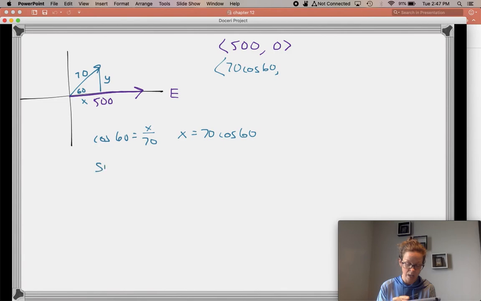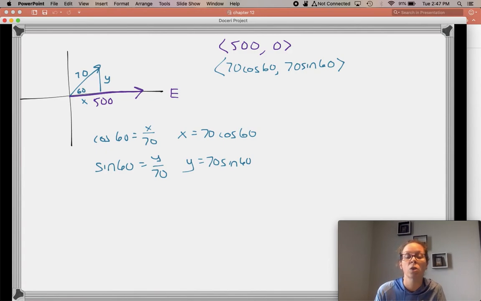Now for the y, sine is opposite over hypotenuse. So y is going to be 70 sine of 60. That's the y component of the wind. I think I said the last one was the plane. I meant the wind. So in the blue there, we got the wind, the x, and the y components. Now, the wind is actually going to be added to the plane.